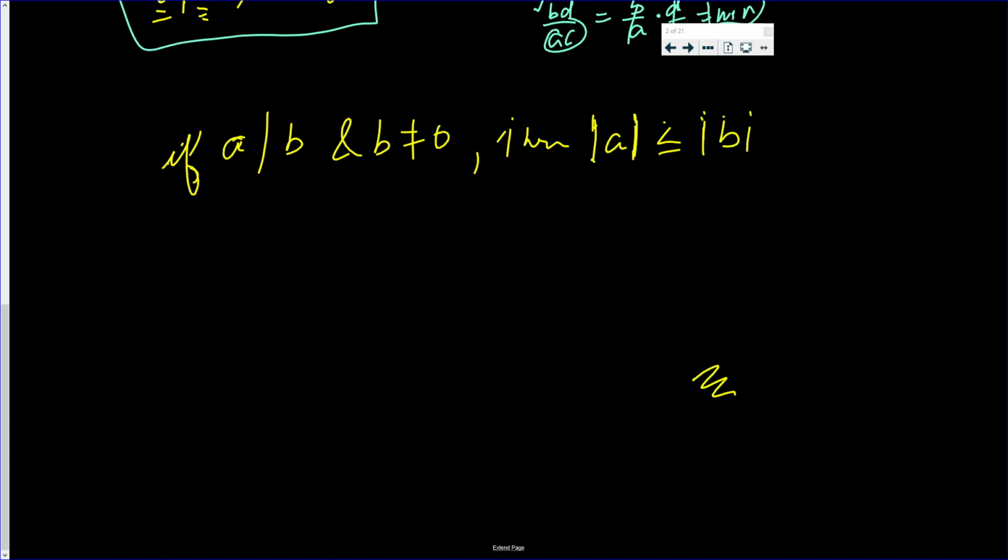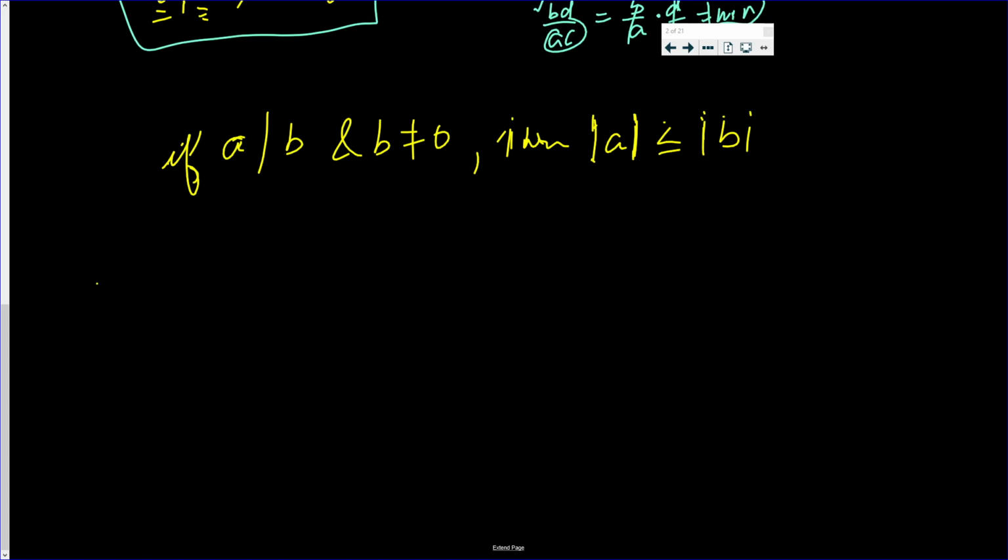Well, we have to use what we're given to write the proof. And we're given that a divides b. So I suggest that that's the first thing that we should start with.